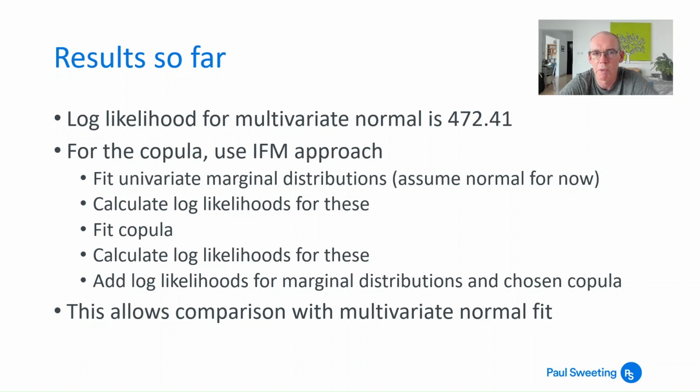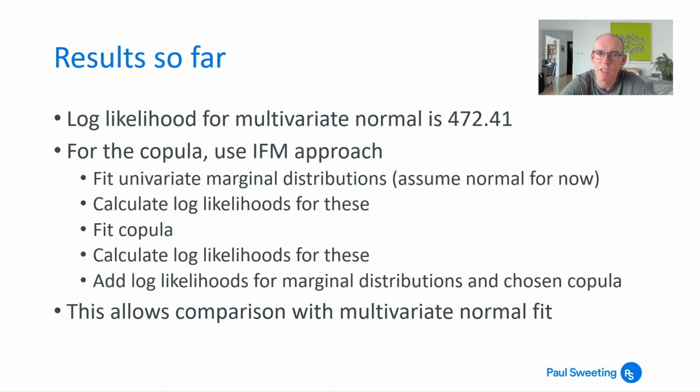And that was done just by simply taking the data and sticking it through the density function for the multivariate normal. For the copula, I use the IFM approach, the inference functions for margins approach. And this involves fitting the marginal distributions, the marginal densities first, then taking those as given, and then fitting the copula separately.